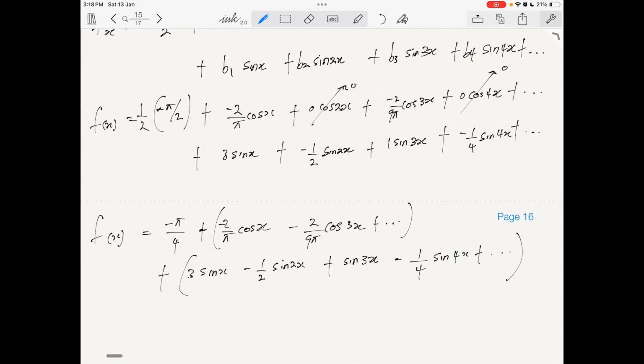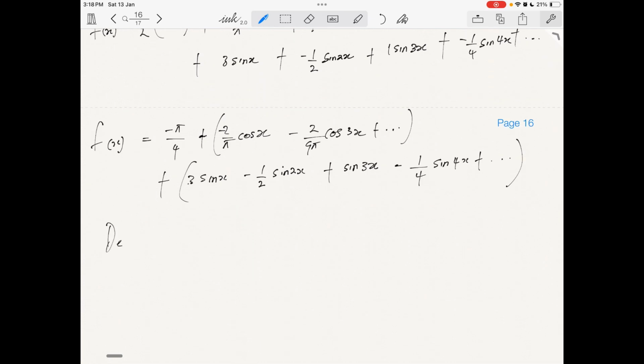Now, a question might come further and say that from here we should deduce that pi squared over 8 is equal to 1 over 1 squared plus 1 over 3 squared plus 1 over 5 squared, and it continues.